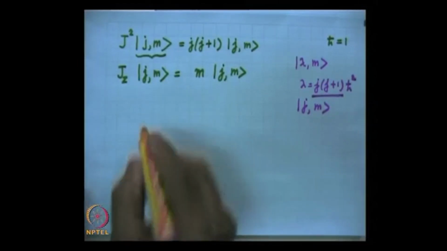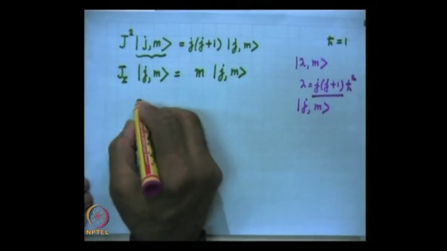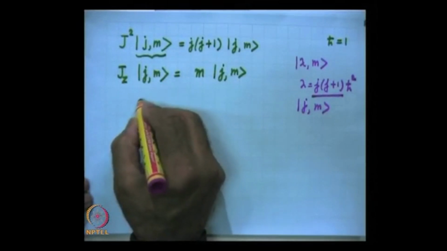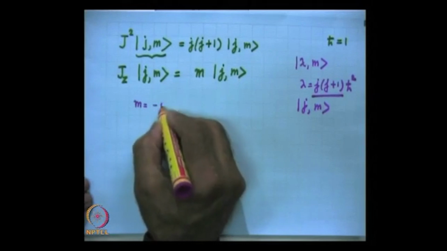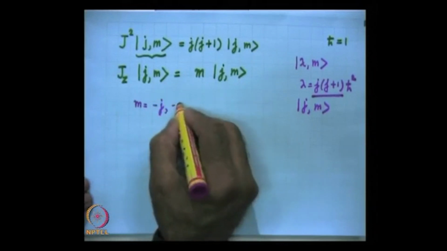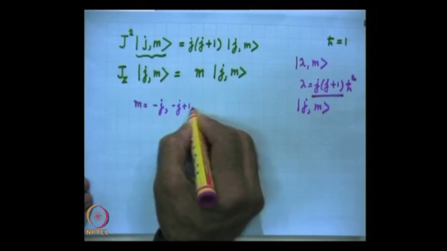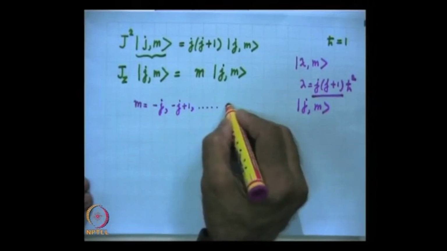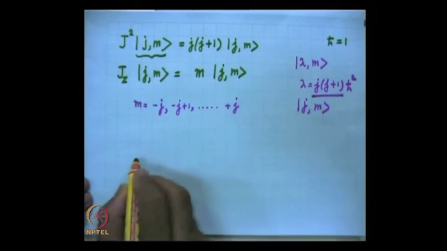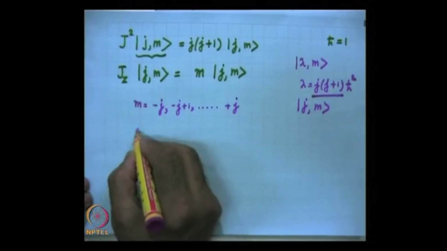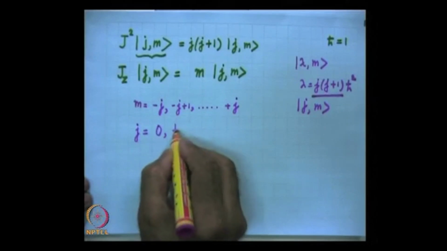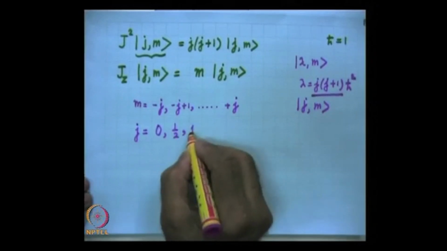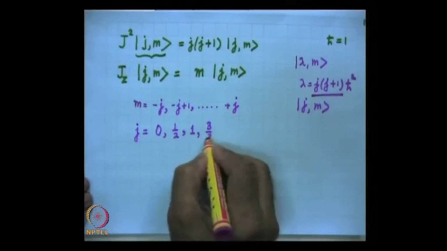And then we showed that for a given value of j, the values of m go from minus j to minus j plus 1, so on to plus j, and the values j can take are 0, half, 1, 3 by 2, etc.